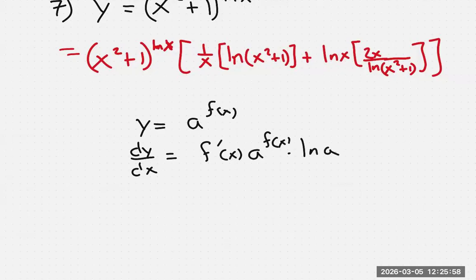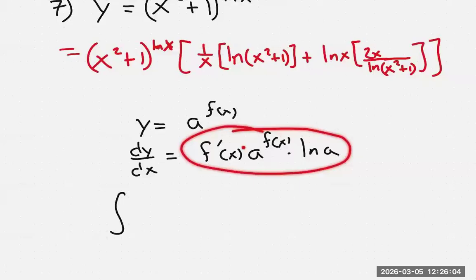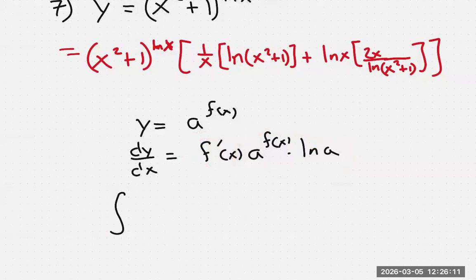So if you're doing the reverse, if you're integrating, this is going to go back up to that one, and the ln a is going to disappear. But generally, you're not going to see the ln a there.